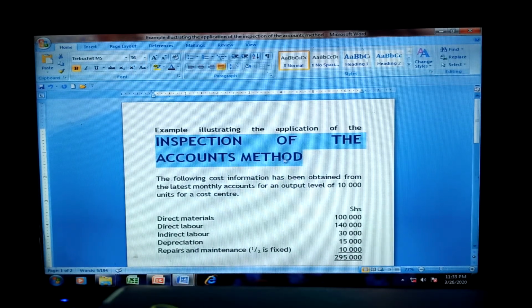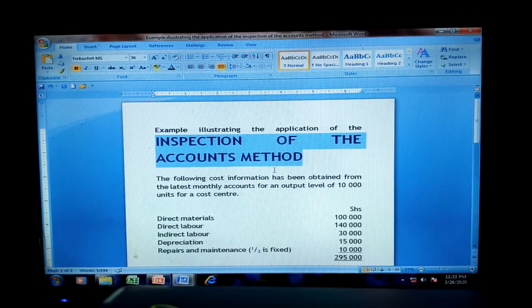Inspection of the accounts method. Remember, I told you that under the inspection of the accounts method, you have to get the cost accounts, that is your cost data, identify which costs are variable, and identify which costs are fixed. For the variable costs, determine a single average unit cost, then come up with a single figure for the fixed amounts, then formulate your cost function which you can use to predict future costs.